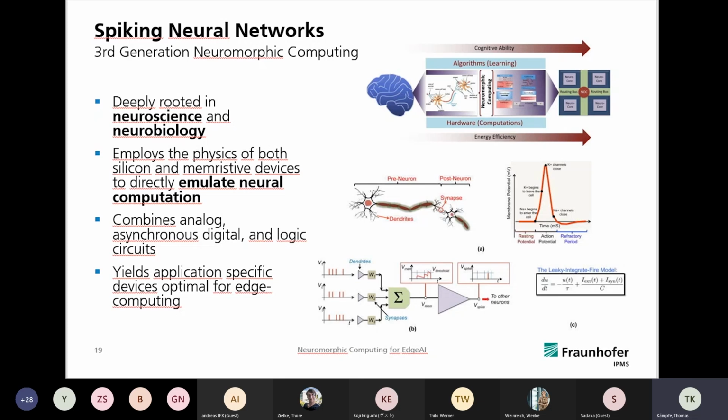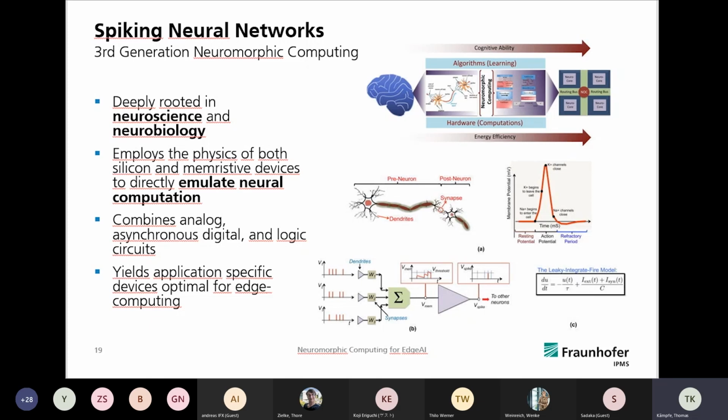Whereas artificial neural networks, such as convolutional neural networks, emulate the abstract brain-inspired computing architectures by digital and time-multiplexed implementation, the spiking neural networks use the time evolution of the physical elements in the system and their dynamics to implement the computation. So what we basically see is that the physical system we employ is the algorithm.